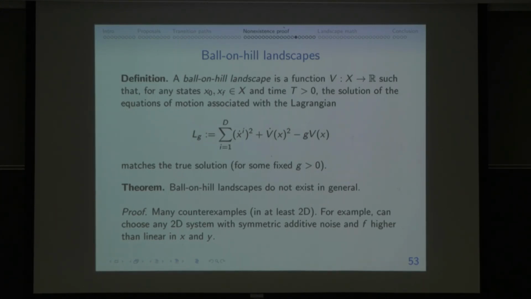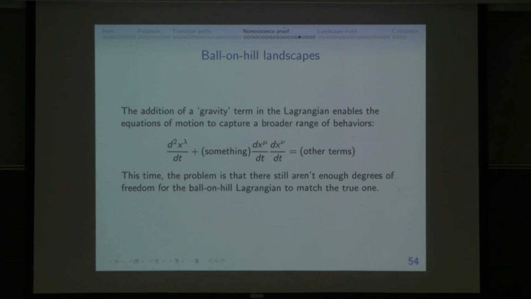They're not restricted to certain requirements or functional forms. So if you take that general view, I have some SDE model, can it do this? The answer turns out to be no. Okay, so this other thing also doesn't work. It doesn't capture the same range of behavior that we need, even though it turns out this ball on the hill landscape does a little bit better than the other ones we talked about.